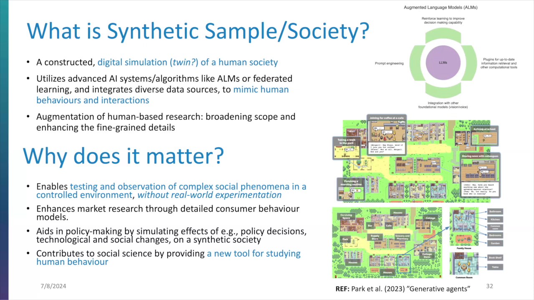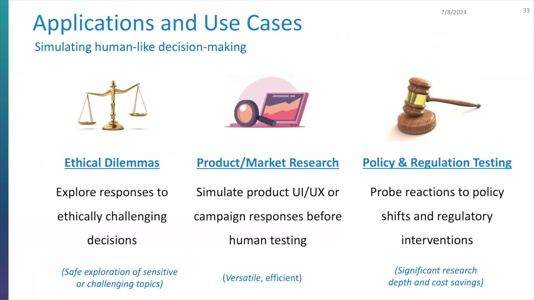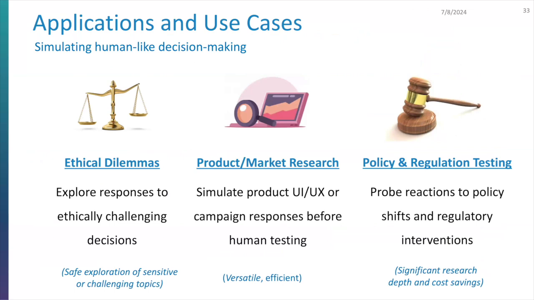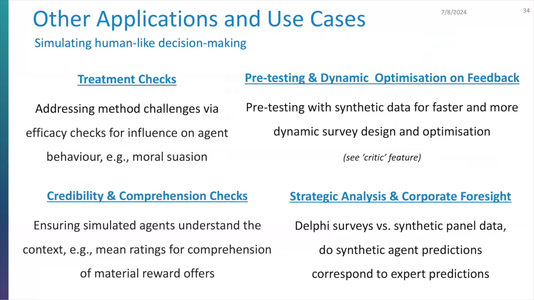What I'm trying to say more generally is that with the base language model, you can achieve this, or you can achieve that, or X, Y, Z. There are lots of different downstream applications and approaches to synthetic society. Some different use cases: ethical dilemmas, product market research, policy regulation testing, probing reactions. That's more industry related, but moving into our more research focus, given we are a university: treatment checks, pre-testing, modifying wording to align.